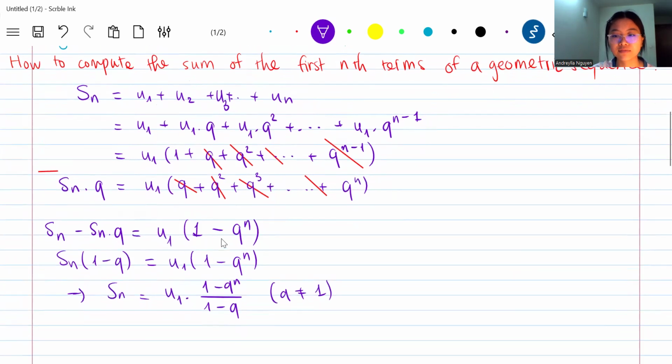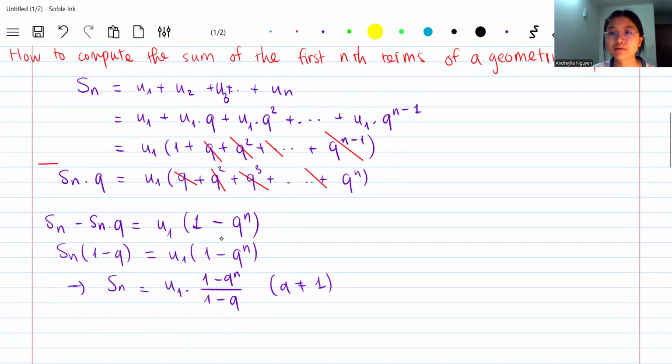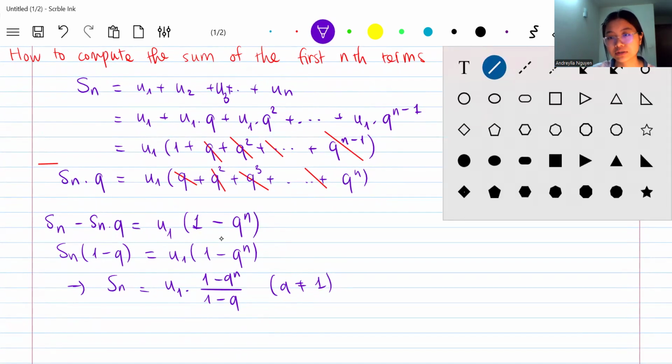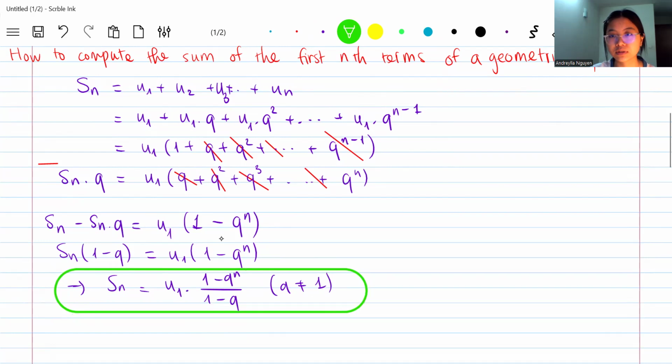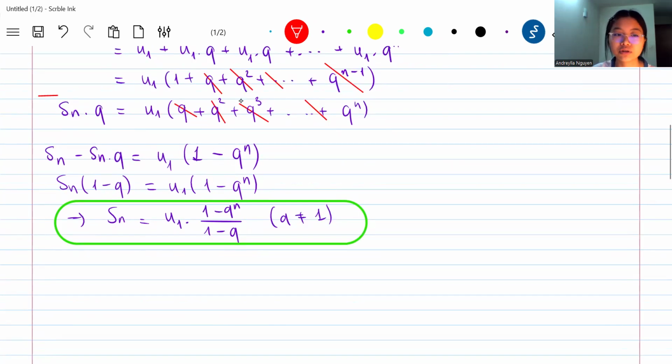We have found the general formula to compute the sum of the first n terms of a geometric sequence. My question is, what happens if my common ratio is 1?